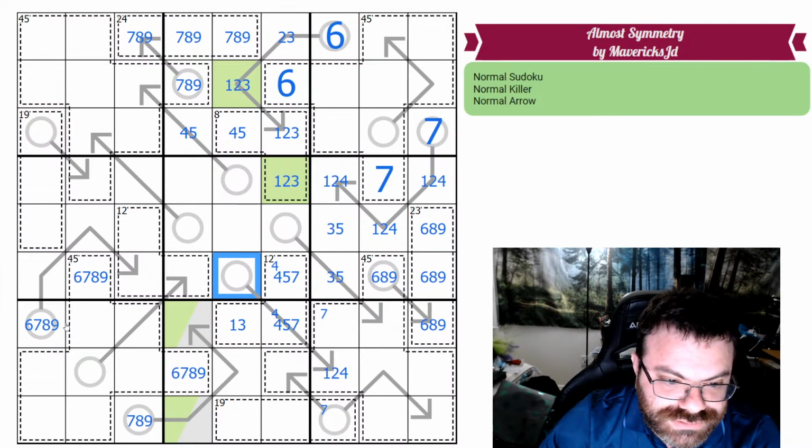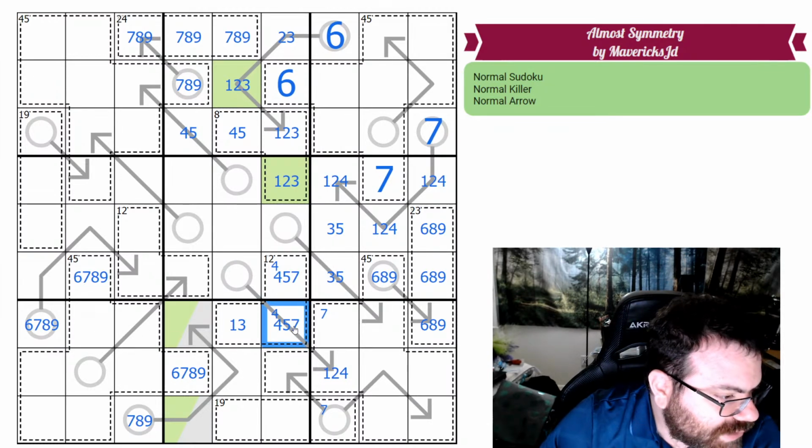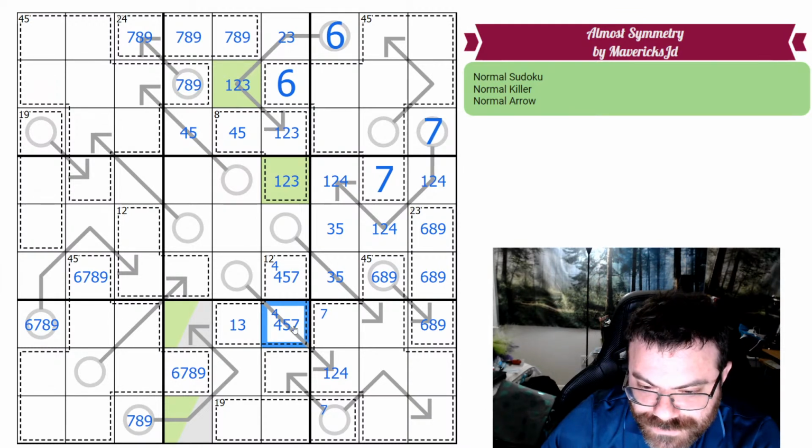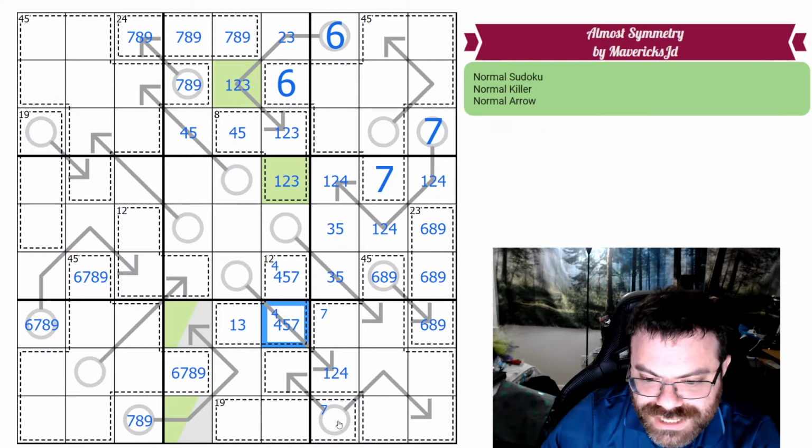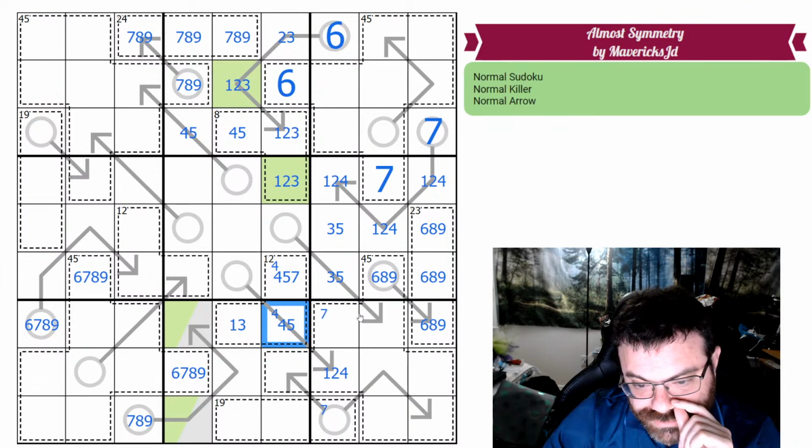Row 7, column 6 sees both 7s in box 9. Ah, yeah. The 7's either here or here. Both of those. This one transfers to here. Both of these see this, so this can't be 7. That's a good observation.